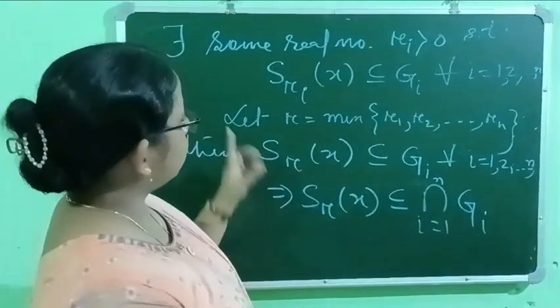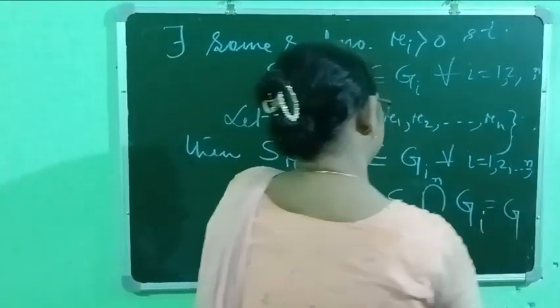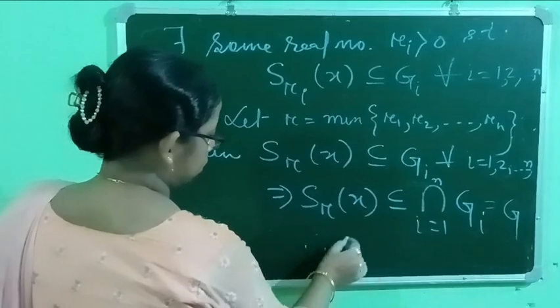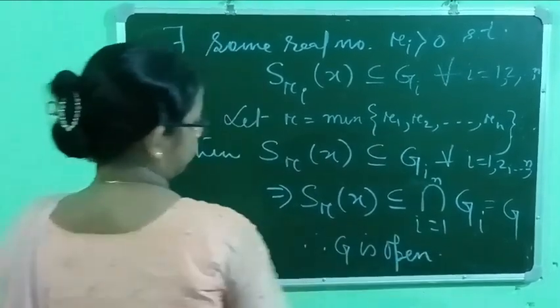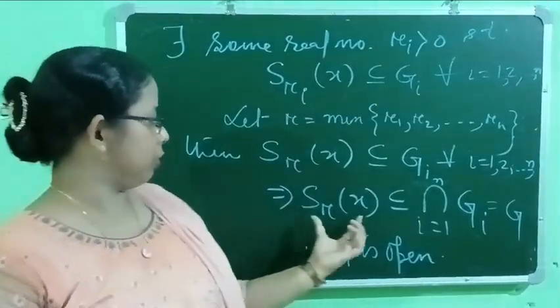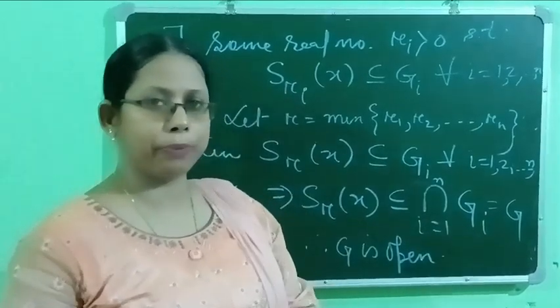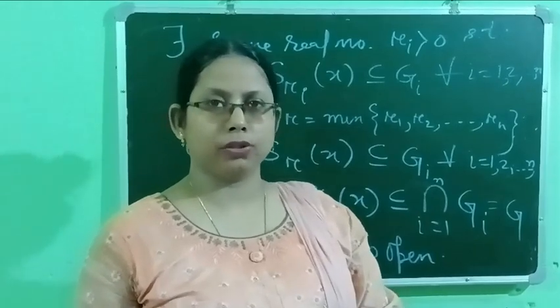Since for each x belongs to G, we will get some open sphere contained in G, therefore G is open. That is, a finite intersection of open sets is open.